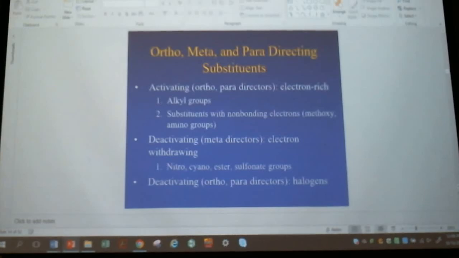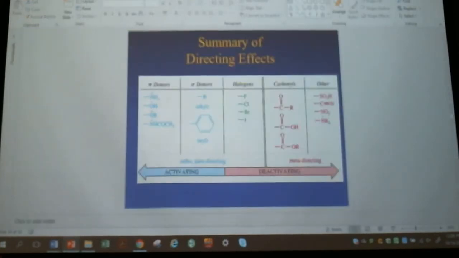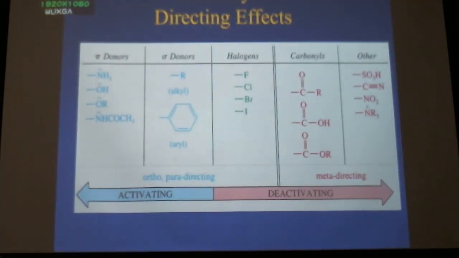So your summary for all of that is here. As far as your activators, ortho-para directors, you can have pi donors, oxygen, nitrogen, sulfur with a pair of electrons that we can pump into the ring, or sigma donors, your alkyl groups of benzene.